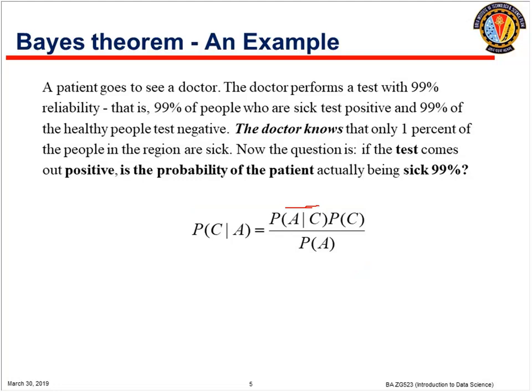The probability of A given C is the probability that the test is positive, given that the person has the disease. Given that the person has the disease, what is the probability that the test will be positive? It is given that the test is 99% reliable. That means the probability of testing positive if he has the disease is 0.99.